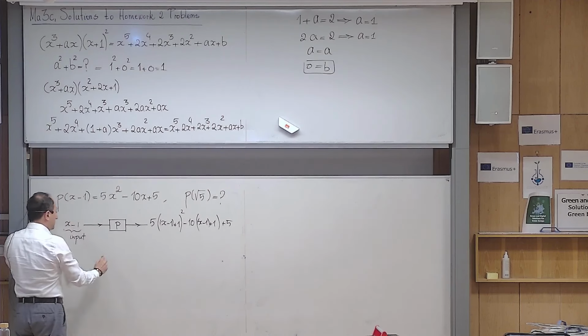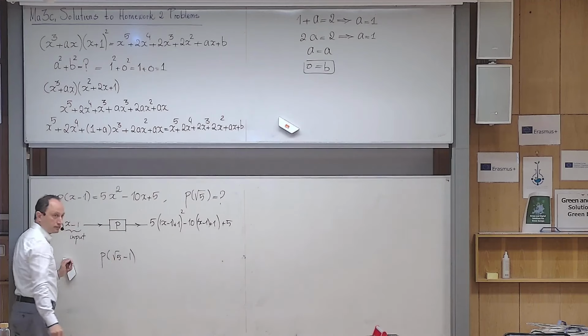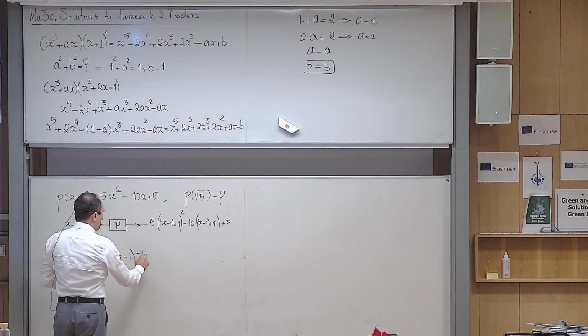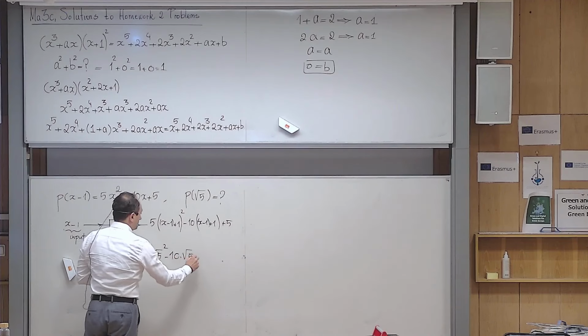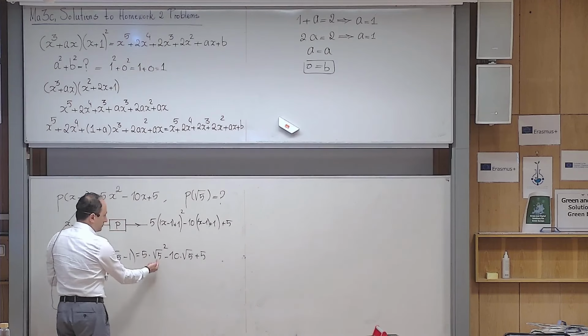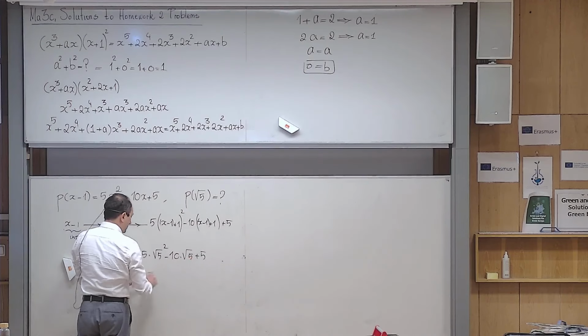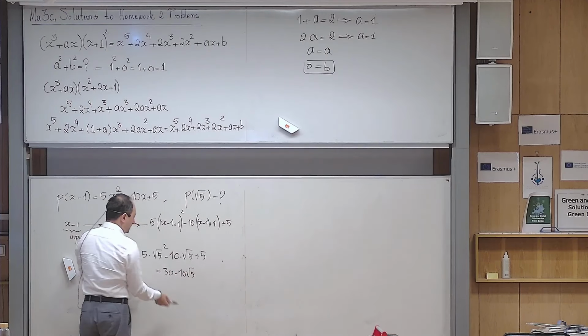So I go here, I replace x with the square root of 5, and then this becomes 5 times the square root of 5 to the power of 2 minus 10 times the square root of 5 plus 5. Okay, this becomes a number. For example, the square root of 5 to the power 2 is 5, 5 times 5 is 25, plus 5 is 30. So this becomes 30 minus 10 square root of 5, which is a little bit weird number, but that's a number.